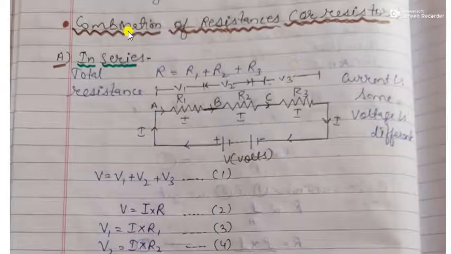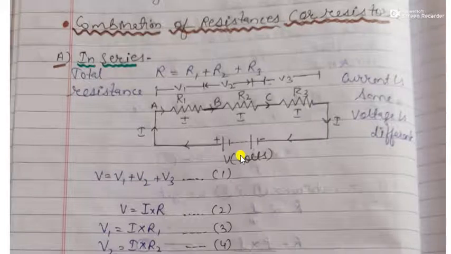So a number of resistances can be combined together in two ways, in series and in parallel. Here we have three resistances combined together, R1, R2 and R3.